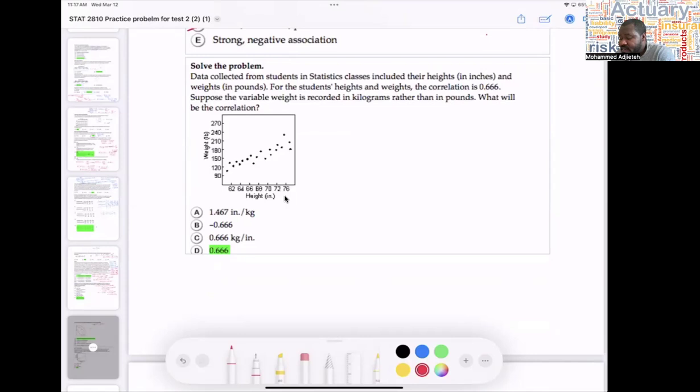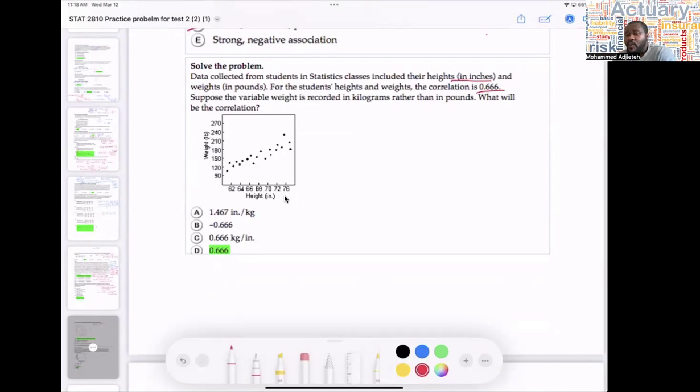Their height is in inches and their weight is in pounds. For the student height and weight, the correlation is 0.6666. Suppose the variable weight is recorded in kilograms. So instead of the weight being recorded in pounds, it is now recorded in kilograms. What will be the correlation?